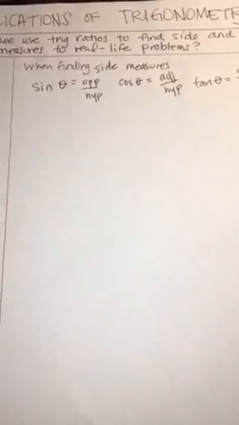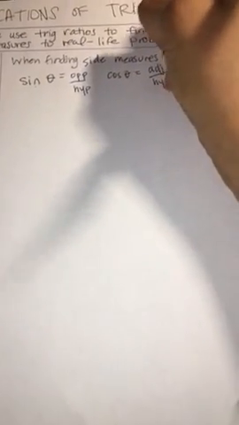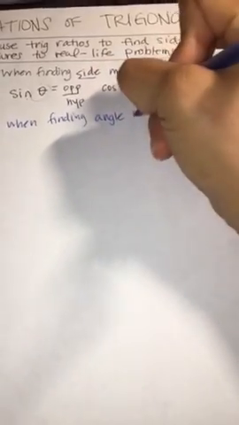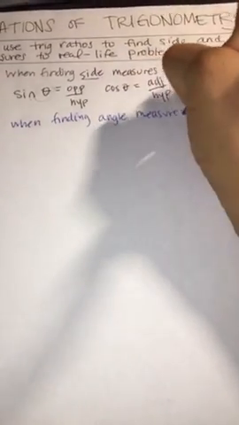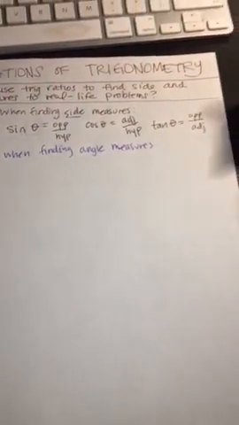Again, that theta is whatever angle we're talking about. Now, we also talked about last time, so that was when finding side measures. And again, you plug in whatever the angles are. Now, let's say I'm asking you to find angle measures. Now, things change a little bit because remember, we talked about those inverse functions.